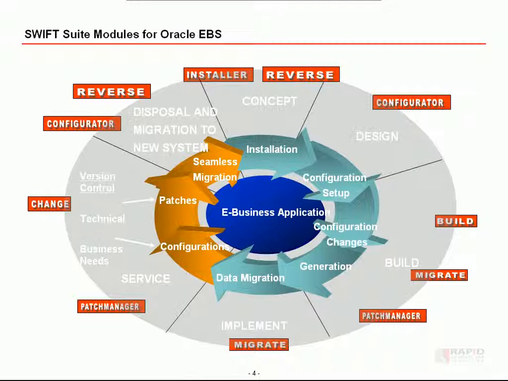Once you've used configurator and decide upon the configurations that are needed for your Oracle instance, then configurator will build a package and pass that package to build. Build then works with the Oracle instance, and it actually connects to and puts information into the Oracle screens just like you would, but it does it automatically. So it actually configures the application.